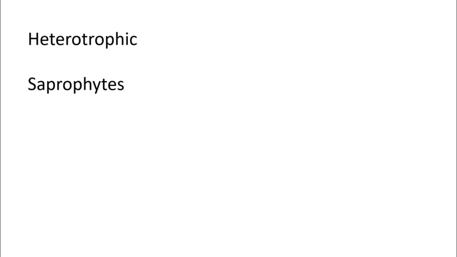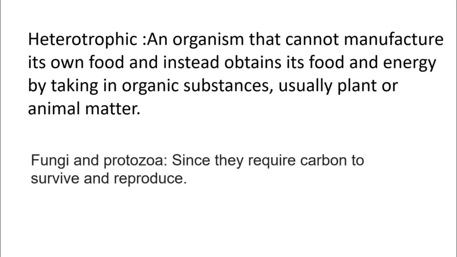The third is parasites. Okay, let us have the meaning of this. First we shall take, what is heterotrophic? It is an organism that cannot manufacture its own food. And remember, fungi is heterotrophic.